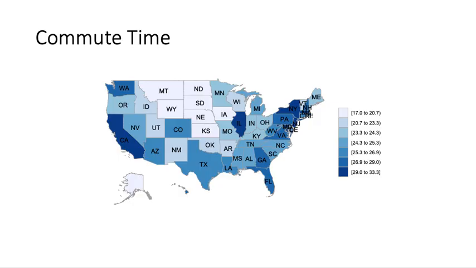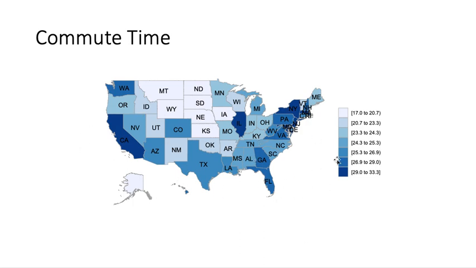This is the average commute time, so the darker the color is, the longer the commute. So it goes from 17 minutes to 20 minutes is this light blue, up to 29 to 33. This is called a choropleth map or a heat map.